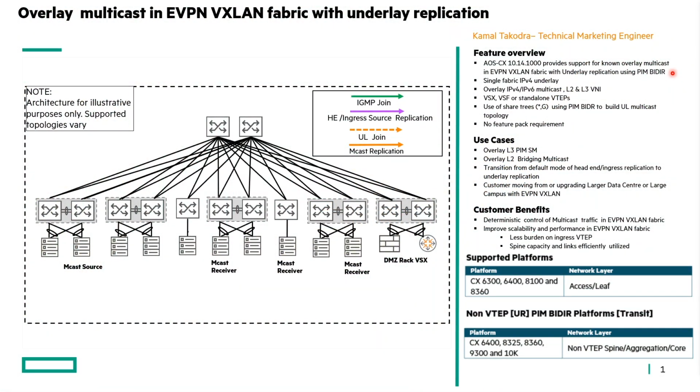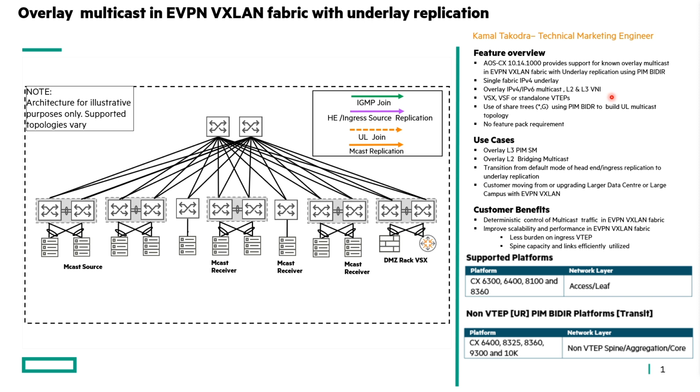The AOS-CX 10.14.1000 release now introduces handling of overlay multicast using PIM bidirectional multicast in the underlay for a single EVPN VXLAN fabric with IPv4 in the underlay. Overlay V4 and V6 multicast and L2 and L3 VNIs are supported.